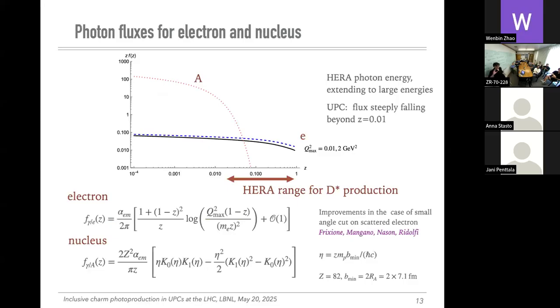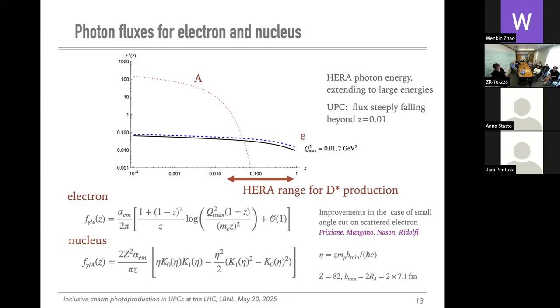Now, for the photon fluxes, this is just basic, of course, it's very well known. This is the electron, so this is the photon flux from electrons. And this is this formula plus some corrections.